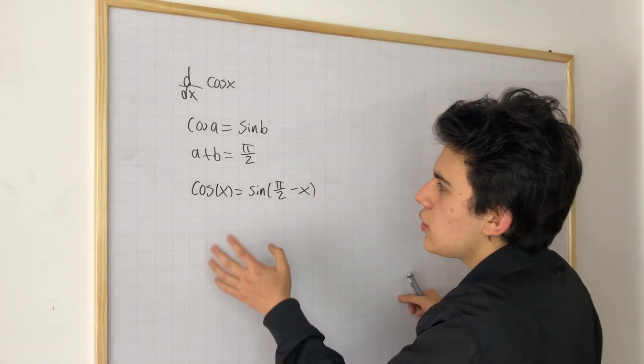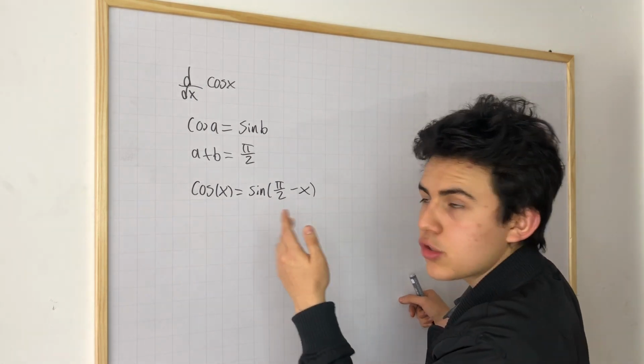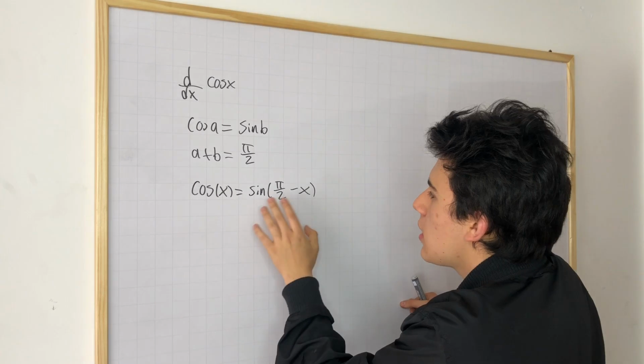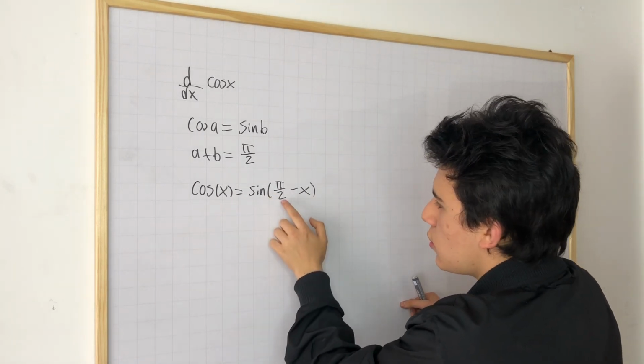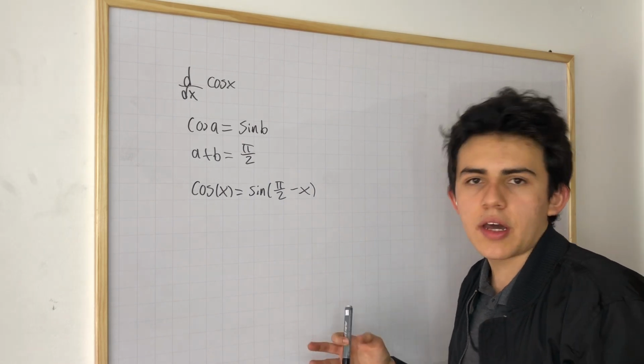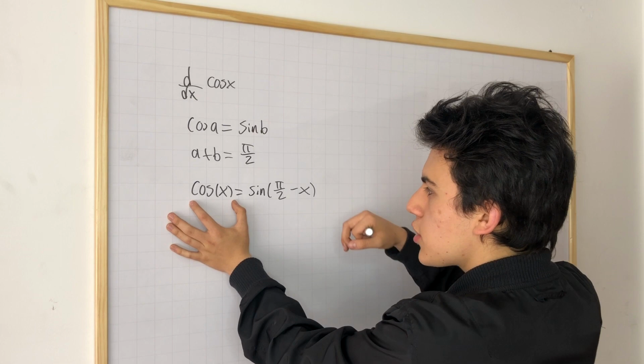The idea is that if you add the two inputs, they need to be equal to pi over 2, or 90 degrees. And in this case, that's what we're doing, because you can add x to negative x plus pi over 2 and you're going to get pi over 2 again.